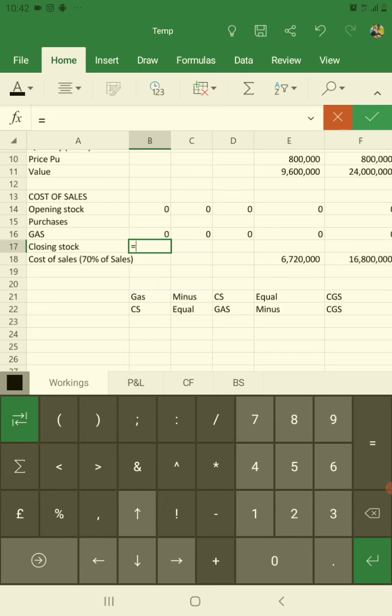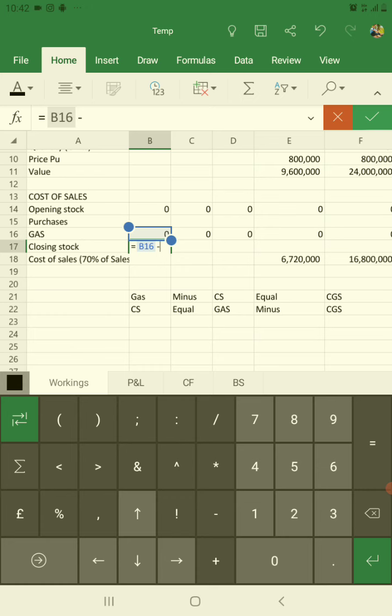So closing stock equal to GAS, this one, minus cost of sales. Cost of sales is, in this case, B18.